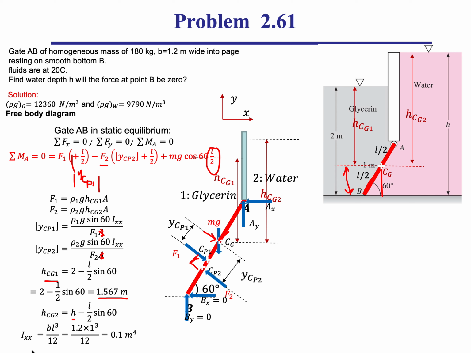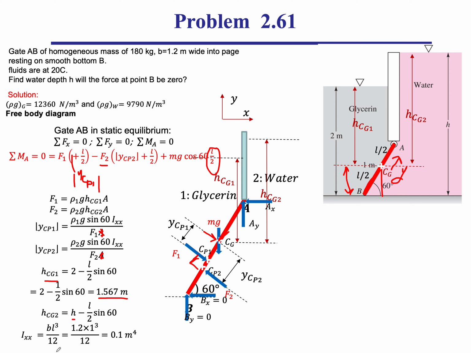And for the IXX, the moment of area, it's just the BL cubed over 12. So is the 1.2b or is the 1b? When we derived the formulas, we picked this as y, and this is the direction y along the surface of the gate, so BL cubed, where L is in the y direction, so it's the 1 meter that is being cubed here.